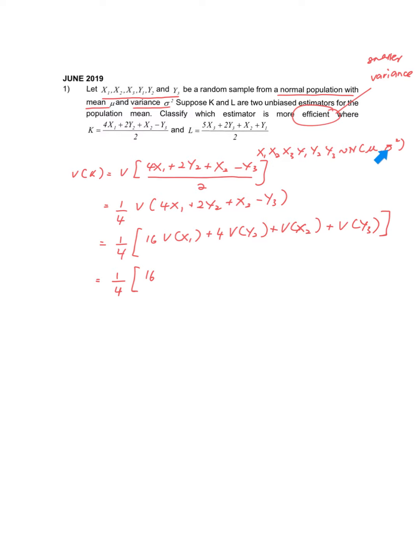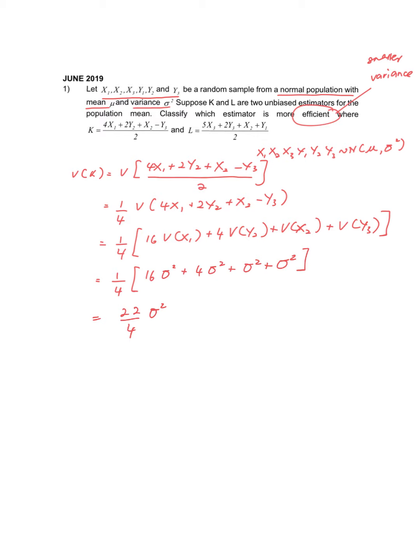Okay, sigma square ni punya variance kan. Okay, so kita boleh gantilah. So Vx1 adalah sigma square lah, tambah dengan 4 sigma square juga, tambah dengan sigma square, tambah dengan sigma square. Okay, so finally dia akan jadi 16 tambah 4, 20, 21, 22 per 4 sigma square.